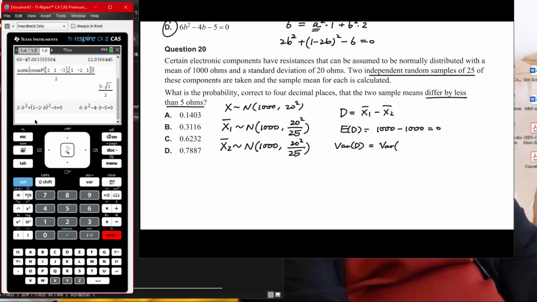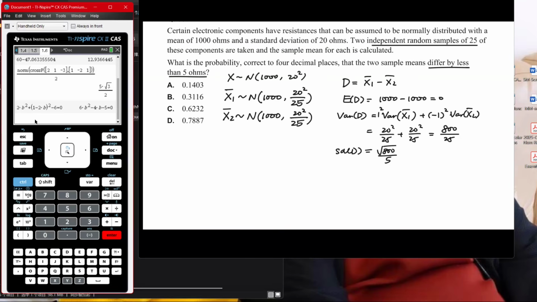This is variance of X1 bar plus (-1) squared times variance of X2 bar. So you actually get 20 squared over 25 plus 20 squared over 25, which gives you 800 divided by 25. And the standard deviation of D is going to be root 800 divided by 5.